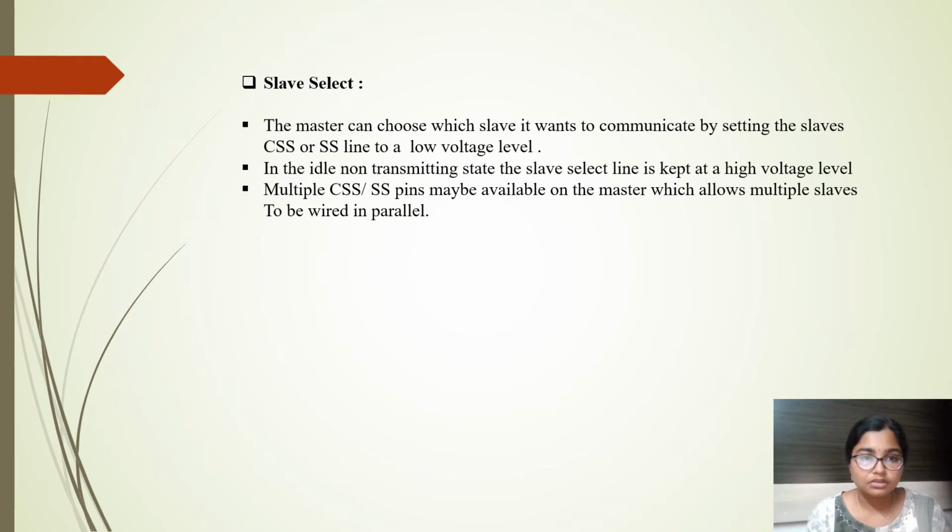With slave select, the master can choose which slave it wants to communicate with. There can be a single slave or multiple slaves, so based on that there will be a single slave select or multiple slave selects.